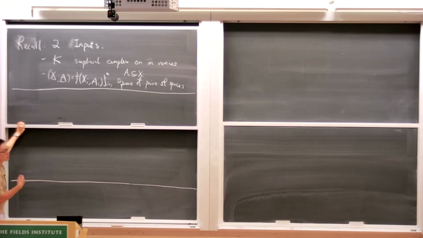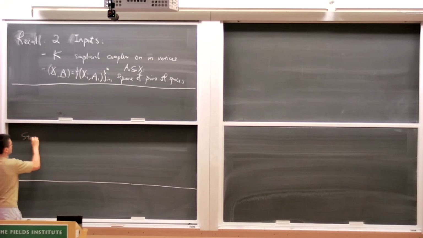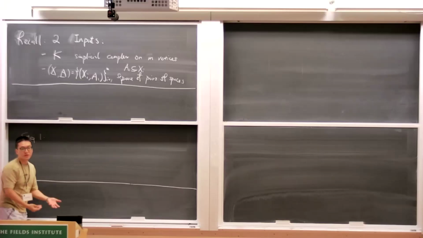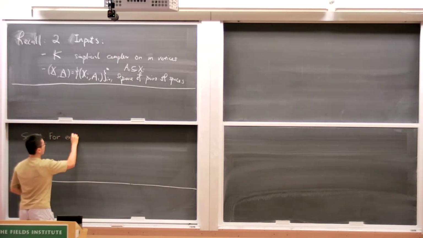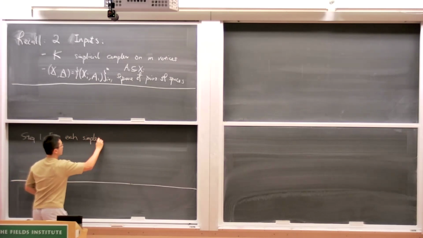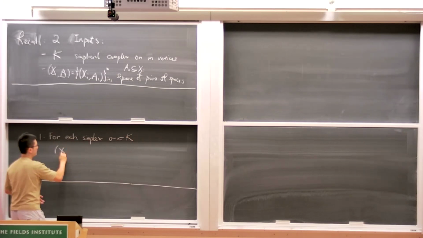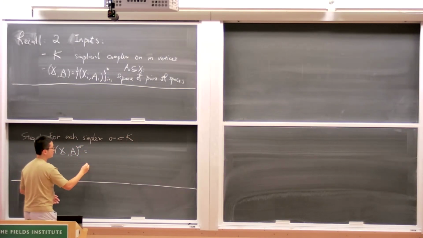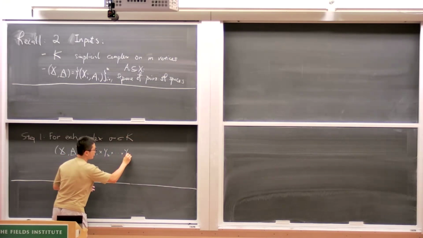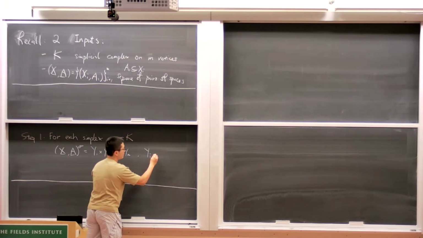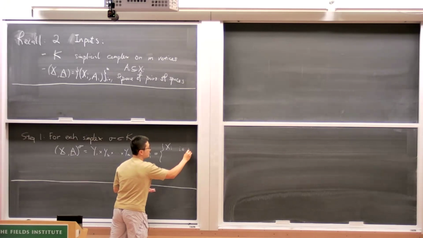Okay, and then how do we construct a polyhedral product? We need two steps. Step one: first we define the polyhedral product with respect to each simplex sigma in K. We just define the corresponding polyhedral product to be a product of spaces Y_1, Y_2, and so on. Everyone knows that very well. The space Y_i is taken to be X_i if i is contained in sigma.